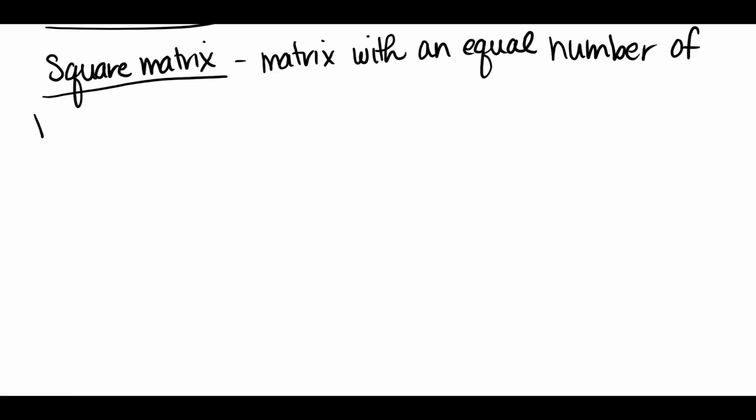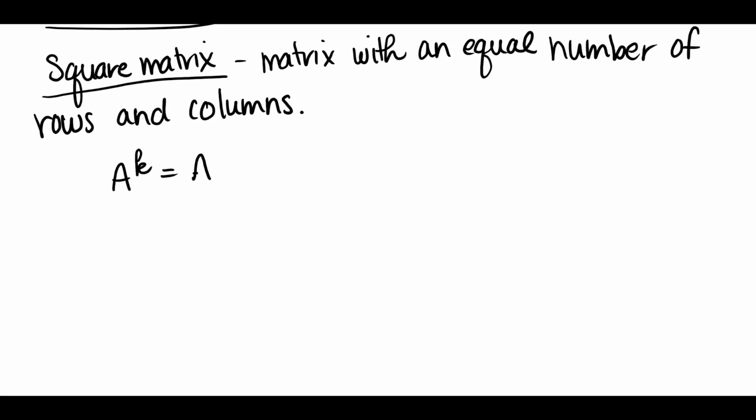All right, so if we have an equal number of rows and columns, okay? If we have that, then we'll just write this down: what does it mean to take A to the kth power? Well, I'm just going to take A times A times A. This is some new notation, maybe not really new, but you have to be a little bit careful because we can't always assume, but that's what we're going to define A to the k to be.